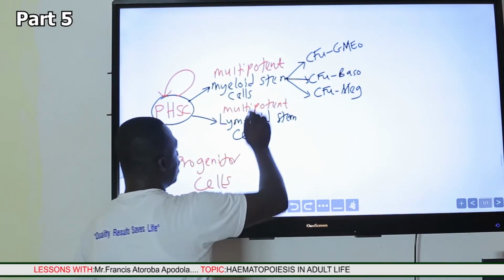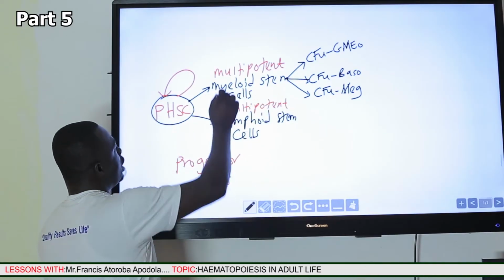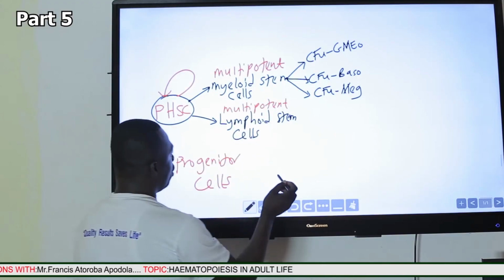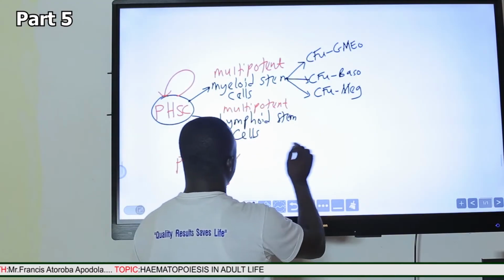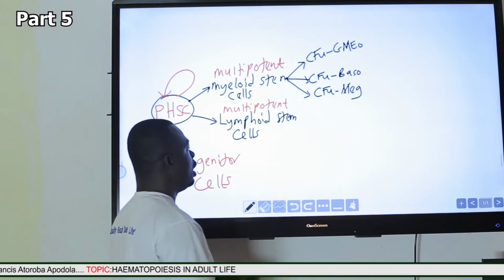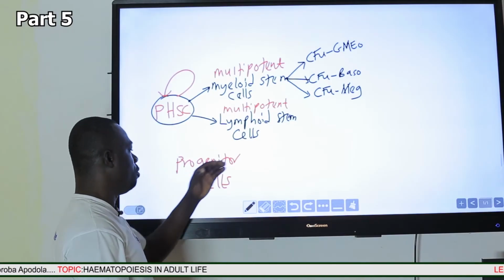All these cells are originating from the myeloid stem cell.